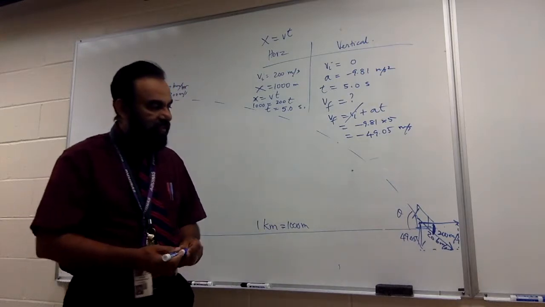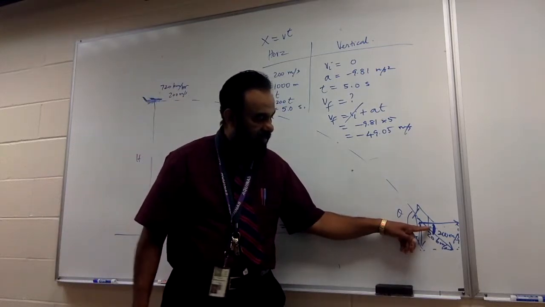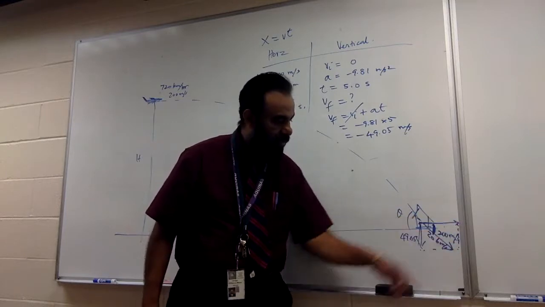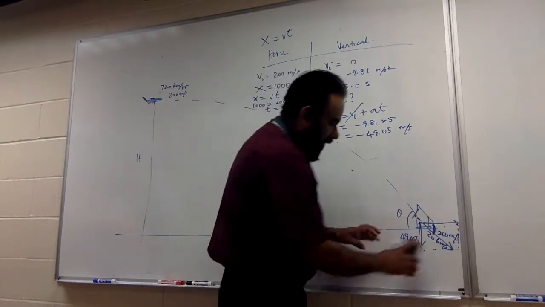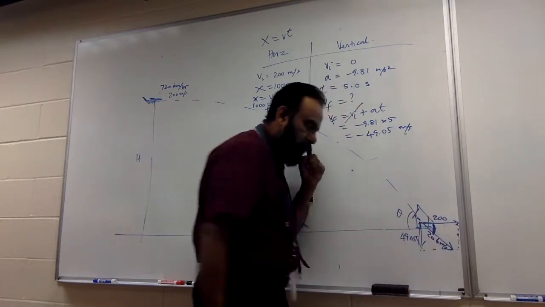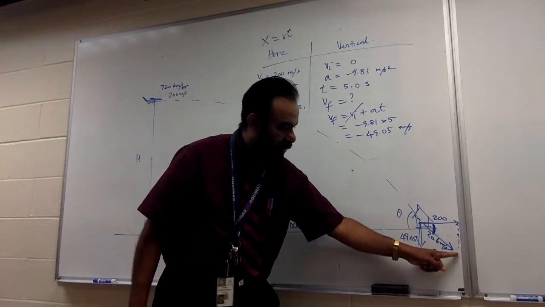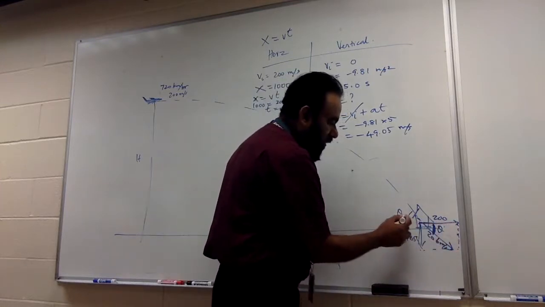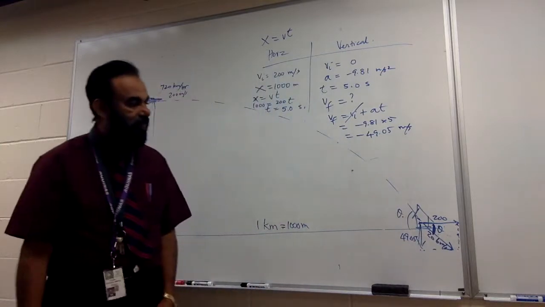How do you find that angle? You can see the vertical component is 49.05 and the horizontal component is 200. So we can use tan of this angle. This angle and this angle are the same.